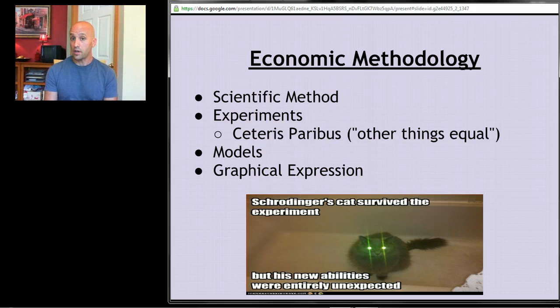I see plastic, I see metal, I see little hands, maybe some springs. The clock isn't time. The clock is a model for our concept of time, which is actually much more complicated. Well, same thing with economics. We're going to take complicated concepts and put them into models, typically graphs, to try to simplify them and understand them a little better. Just because an actual physical clock isn't time doesn't mean that a clock can't tell me a lot about what time actually is.